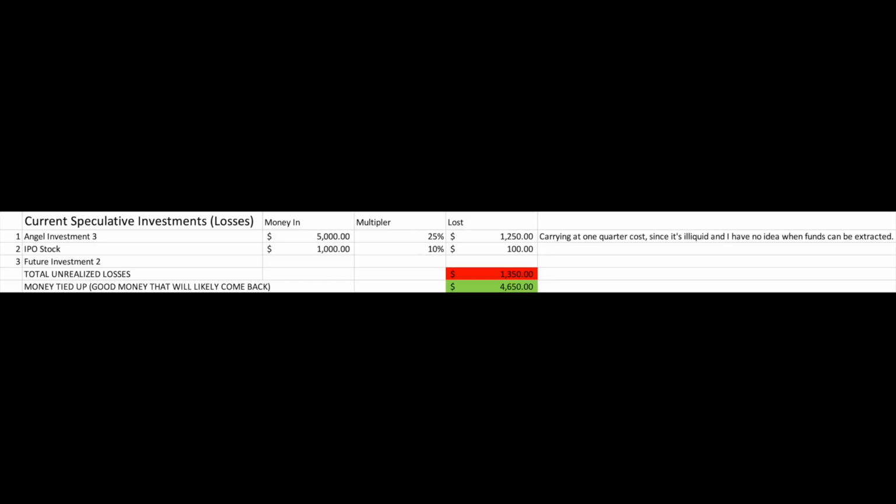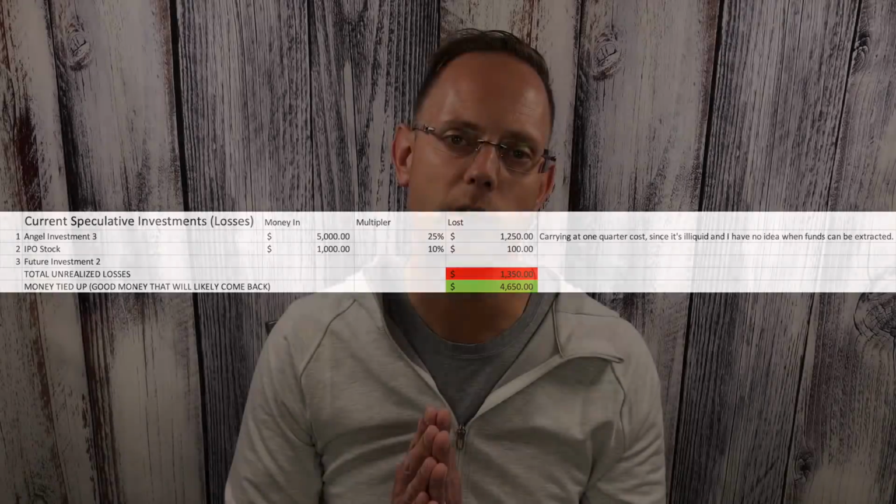Another speculative investment here, I'm just assuming, I don't even own this now, but I'm assuming, hey, I bought some IPO stock. And quite frankly, I'll talk about this a little bit later in the video, but part of my speculative roadmap for this year, for 2021, in addition to the sea of dividend stocks, obviously that's not speculation, that I buy each and every week, I have a small sliver of my portfolio carved out for speculation.